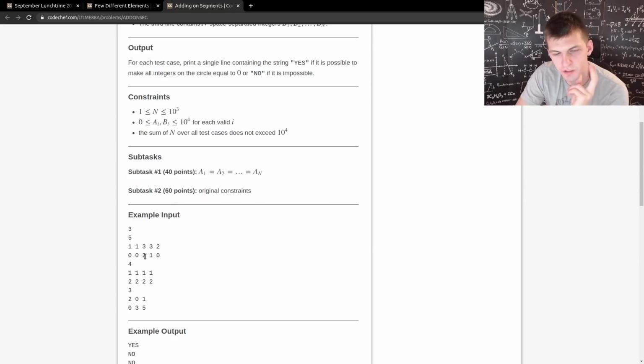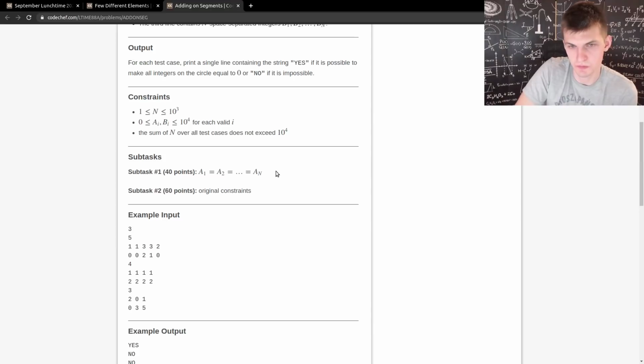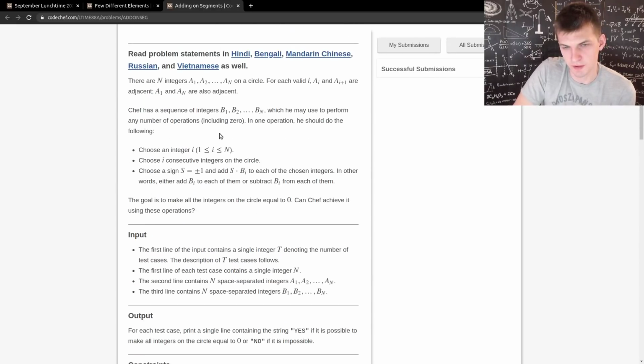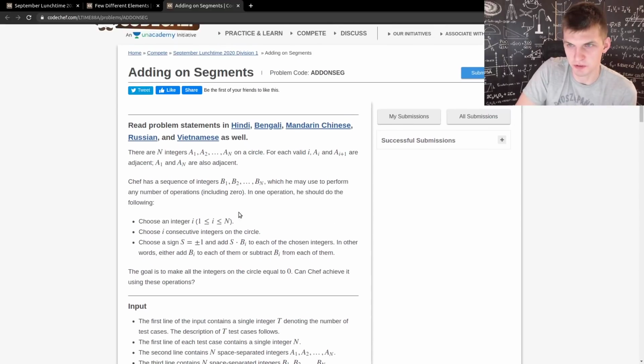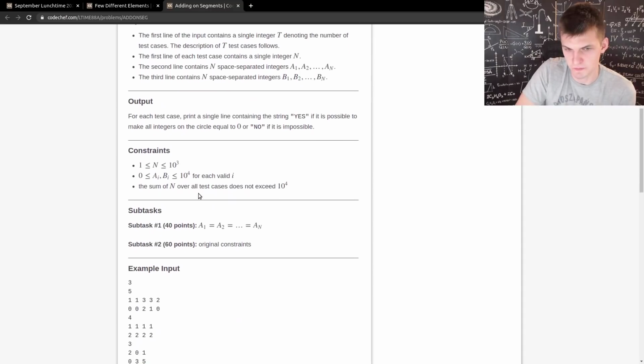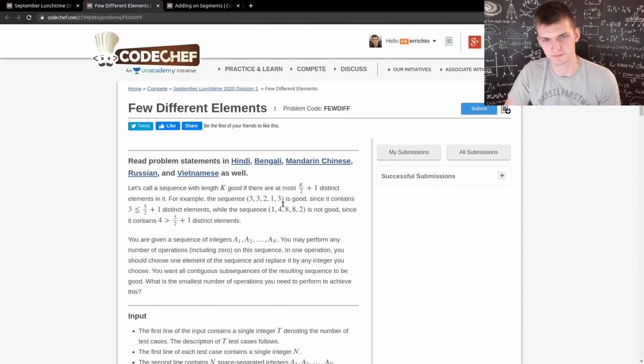You can take 3 consecutive elements and add 2 to them, or subtract 2. And this must have a polynomial solution. I think that this is easier.